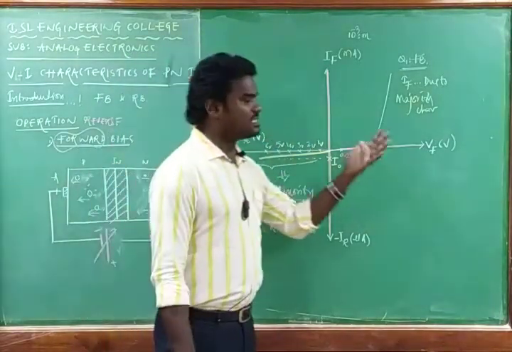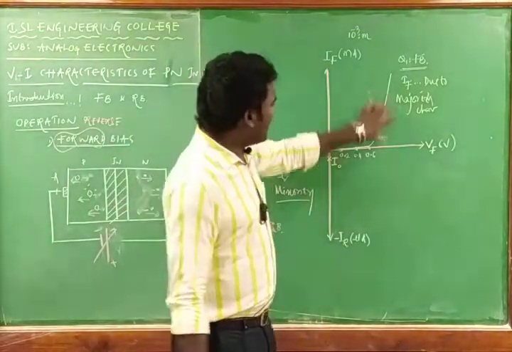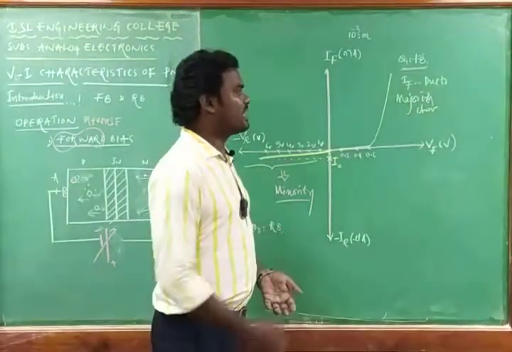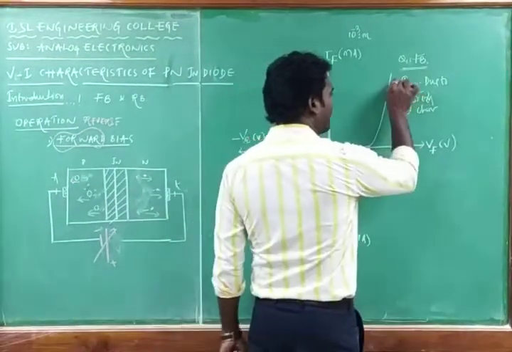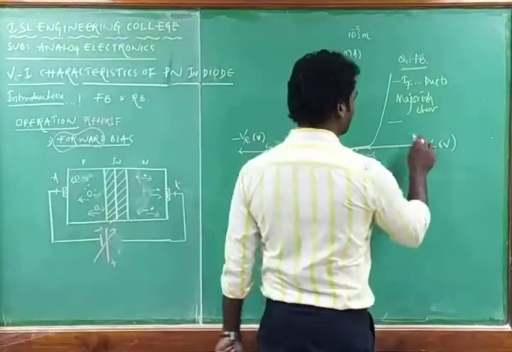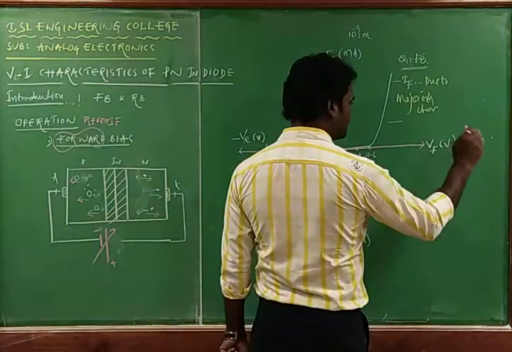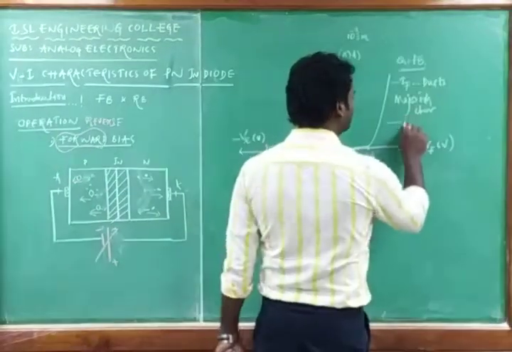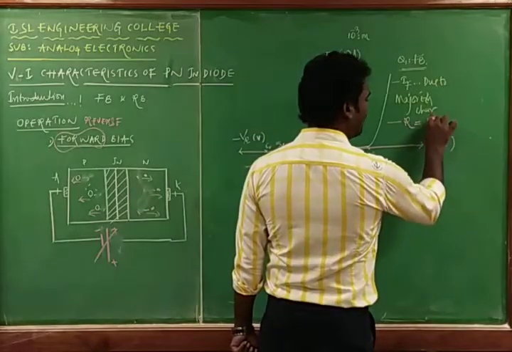In terms of resistance also, you can define the same. Offering more current means offering less resistance. In forward bias, the PN junction diode offers more current, so the resistance is less, and that resistance is in kilo ohms.